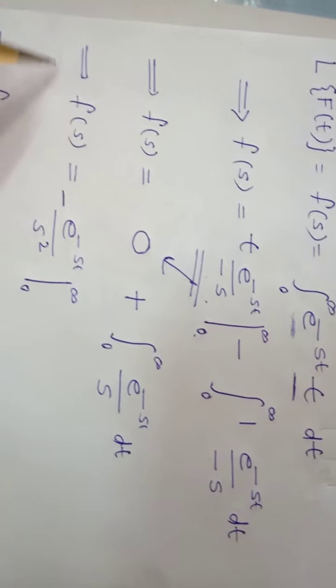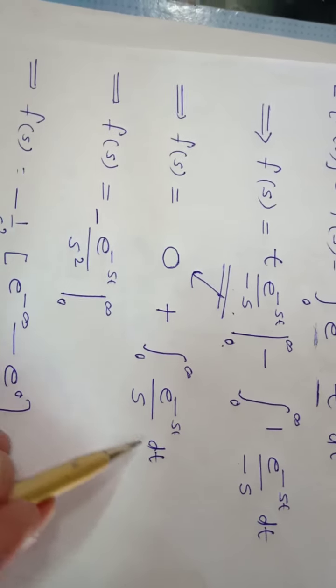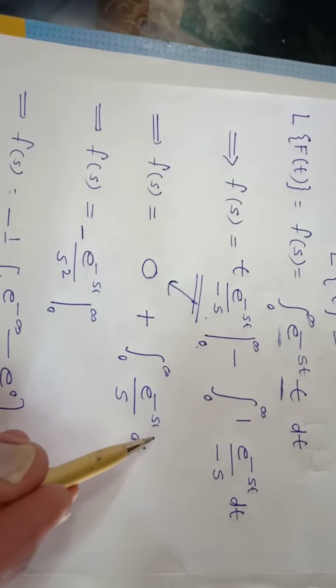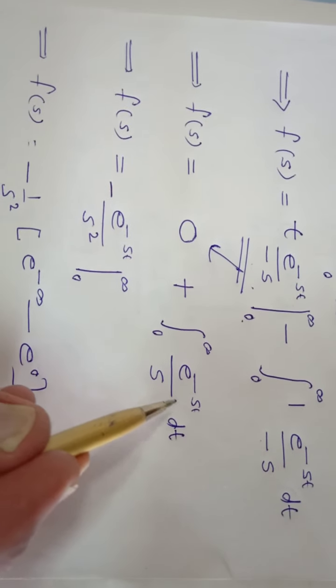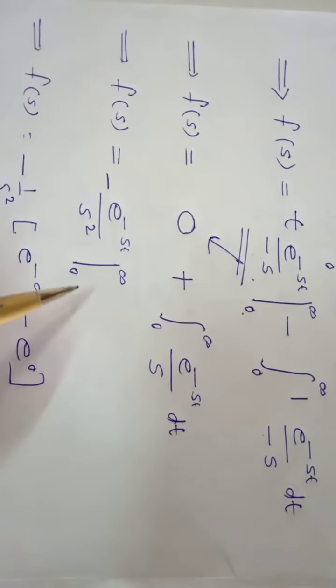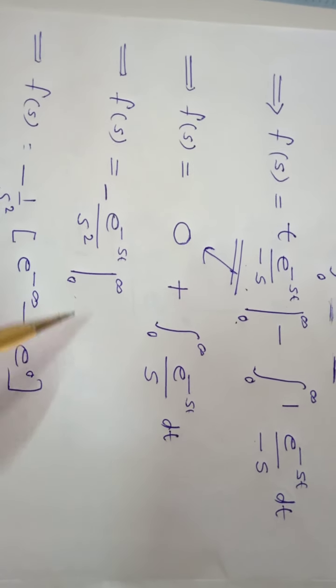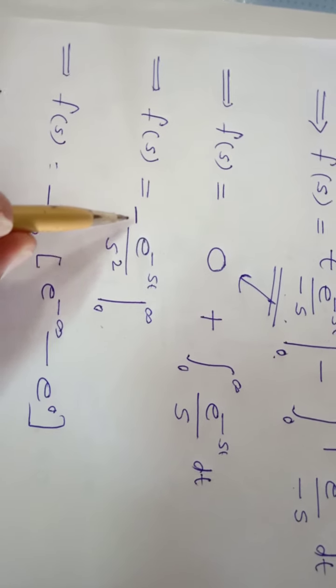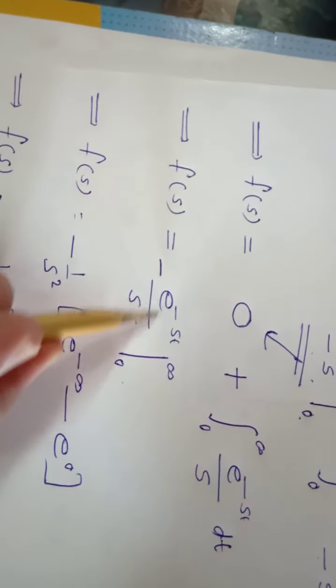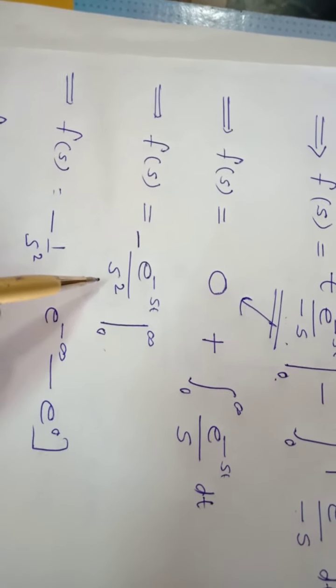Now the integration of e raised to power minus st will be e raised to power minus st upon minus s. Due to that, this negative sign will come. So the next step will be minus e raised to power minus st upon s square.